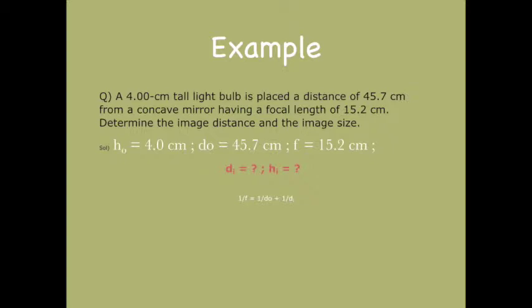So by using this formula and on substituting the values and on simplification and on further simplification, I get 1 by d equals 0.0439. So my value of d will be 22.8 centimeters.